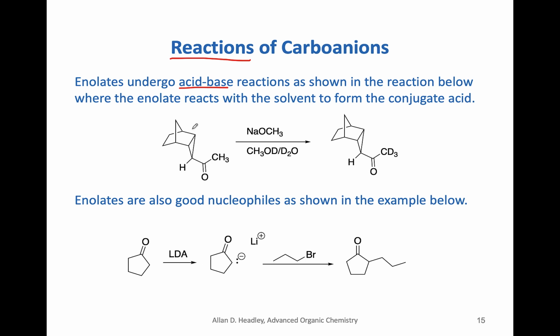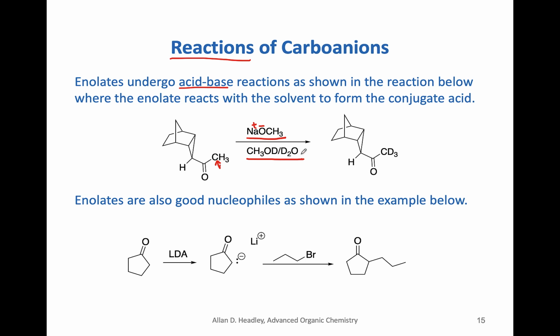So here we have this molecule with our alpha hydrogens, and we have sodium methoxide, a strong base. Remember, this is O minus, so it can take off one of these hydrogens to form the anion right here, as we have seen before, in the presence of a solvent such as deuterated methanol and deuterated water.